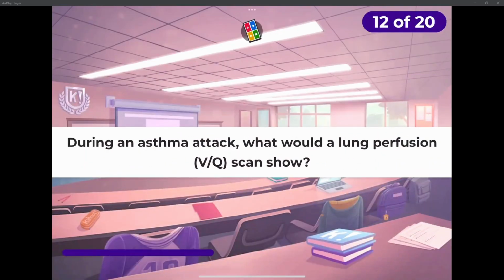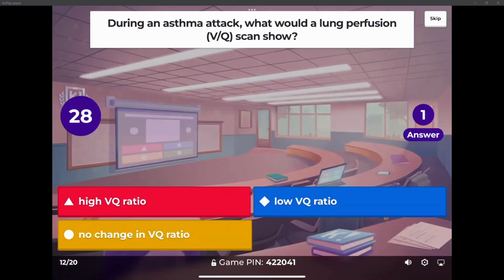Okay, during an asthma attack, what would a lung perfusion VQ scan show? Asthma attacks. So we're having problem with breathing or perfusion?